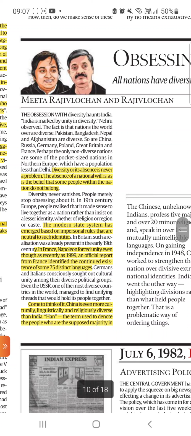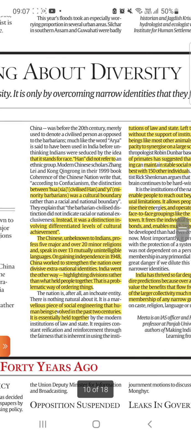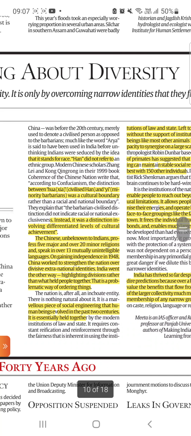Come to think of it, China is even more culturally, linguistically, religiously diverse than India. Han, the term used to denote the people who are supposed to be the majority in China, was before the 20th century merely used to denote the civilized person as opposed to barbarians, much like the word Arya is said to have been used in India, before unthinking Indians were seduced by the idea that it stands for a race.